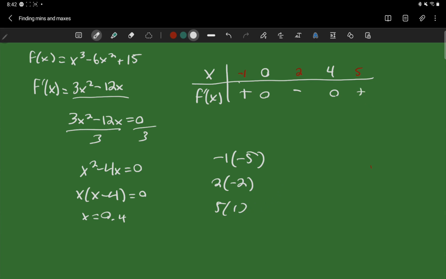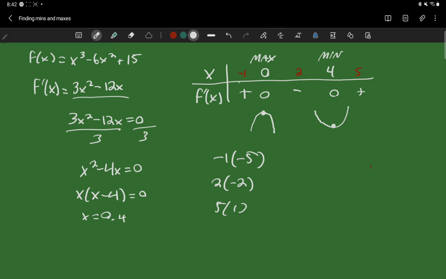So the slope is positive before 0, so the function is increasing, increasing, increasing. It's going to go to 0, and then it's going to be negative after, so it's going to go back down. This means that we have a max at 0. If we look at 4, we're going down, down, down, 0, and then it's going to come back up.